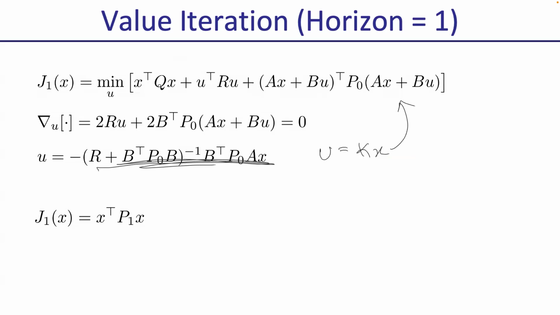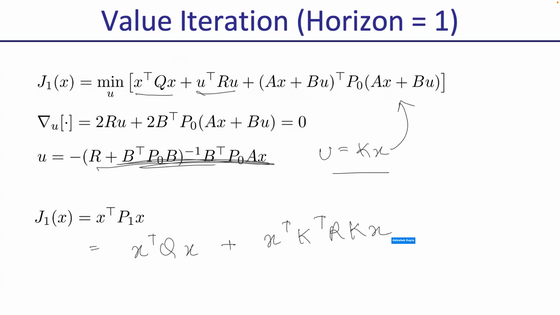So the first term, if you look at this thing, the cost when you choose the best u is going to be x transpose Qx. That term is not affected by u. Plus u transpose Ru, where u is equal to kx, which is going to be x transpose k transpose R kx.